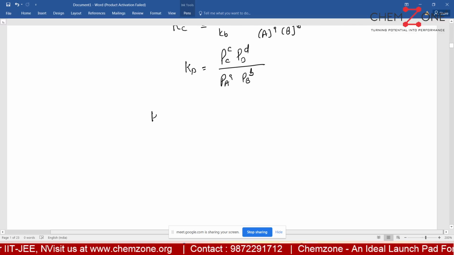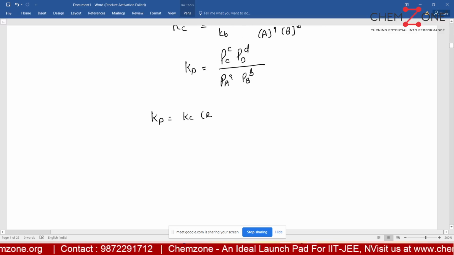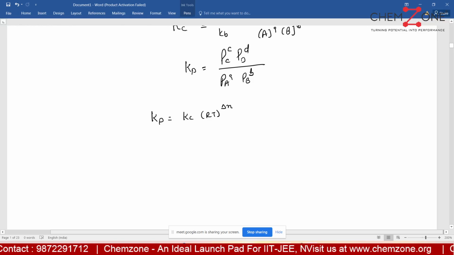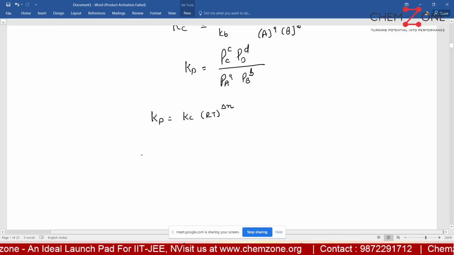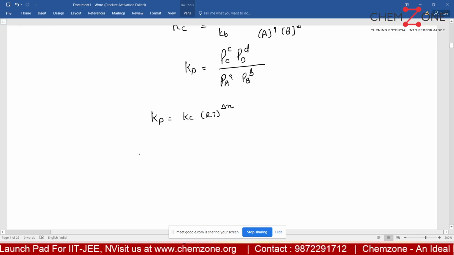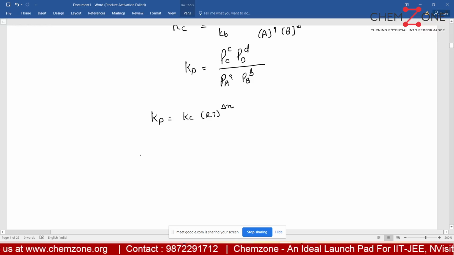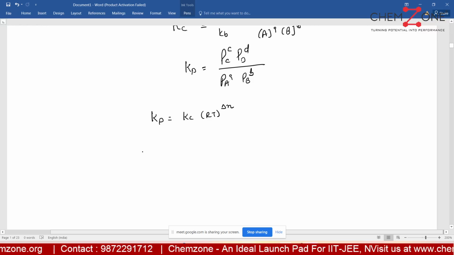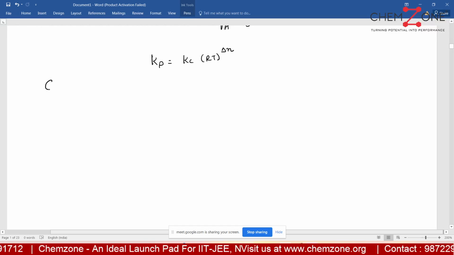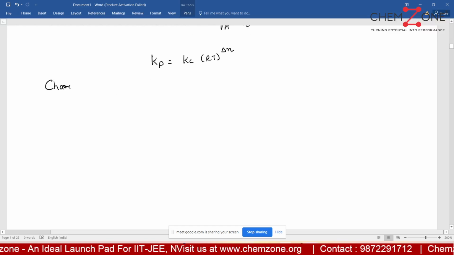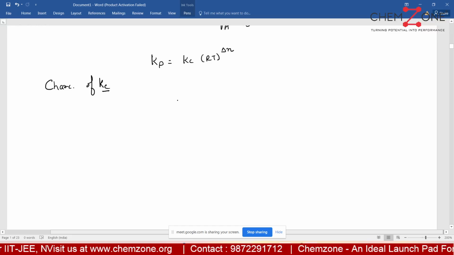Now, these two things are related with each other. Kp is equal to Kc (RT) to the power delta n. The two are related with this expression. So what is delta n?